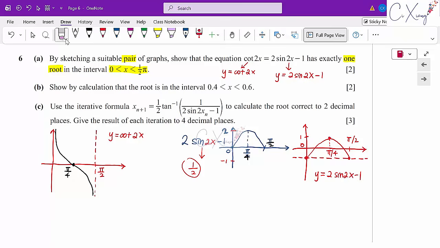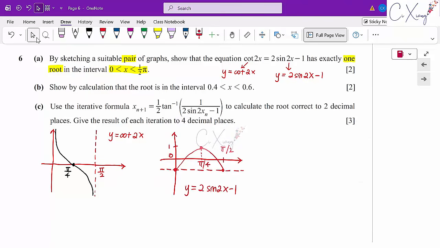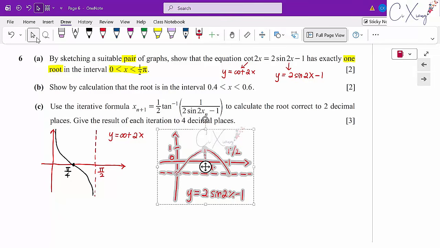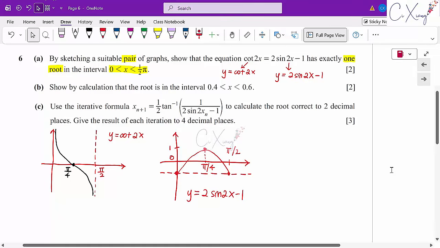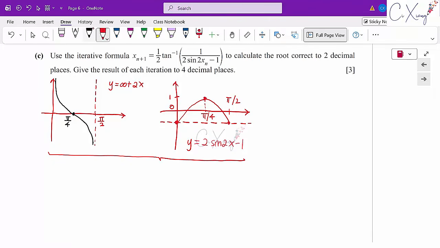But they want you to sketch this pair of graphs in the same axis. So let's combine them together in the same axis here. Okay, so this is what we have separately for the pair of graphs that we want to sketch. Alright, so if I combine both of them together, your final graph might look something like this.